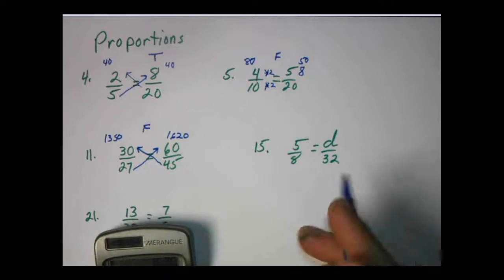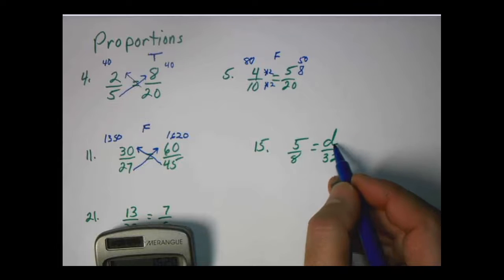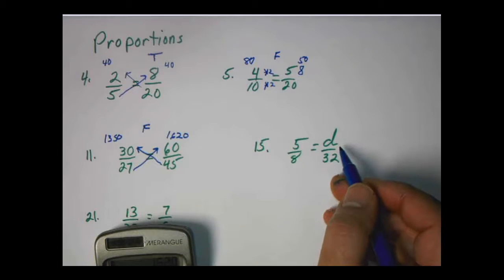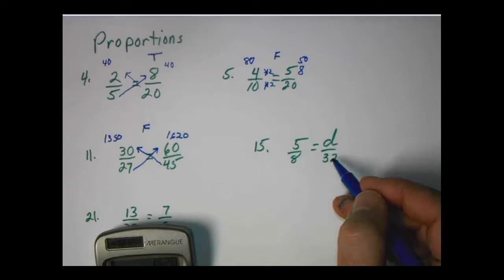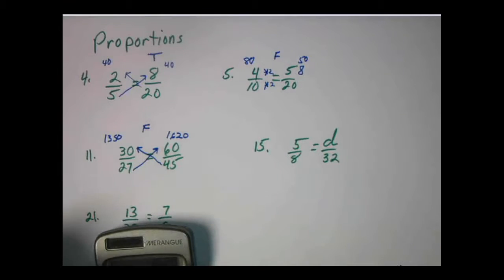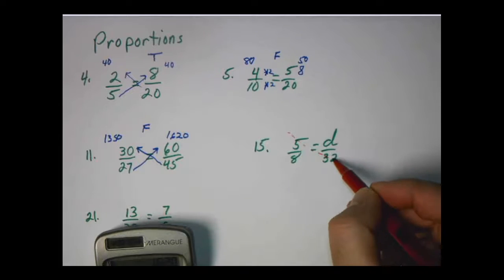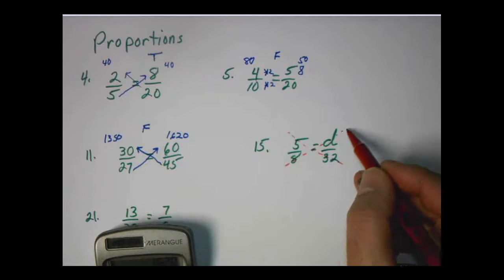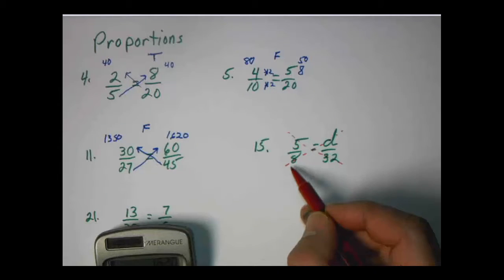Well, let's say we have a missing variable. So now we have to solve for D. We have to figure out what that variable is. My old friend here is what I call cross multiply and divide. It's kind of an offshoot of this type of method, but slightly different. Notice when we're looking at this problem, we have 3 numbers. If we drew an X here, we notice we have 2 that line up, and then we have what I call the odd guy out.